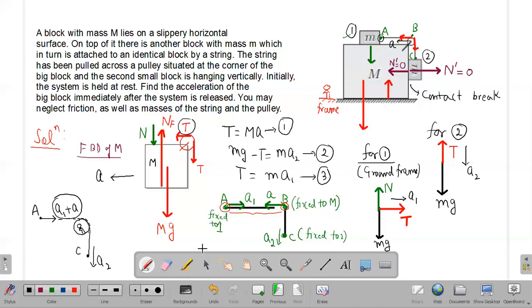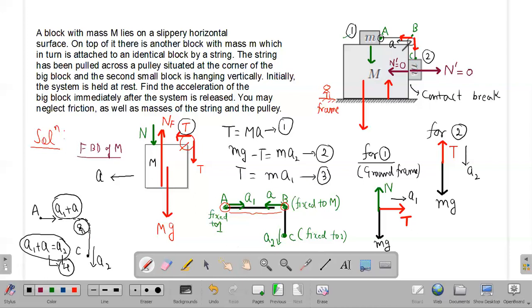And since the length of string has to remain constant, the rate at which the horizontal portion is decreasing should be the same as the rate at which the vertical portion is increasing. For that reason, there is a constraint relation: a1 plus a must be equal to a2. That is the constraint relation for this particular question. This is my equation number 4.